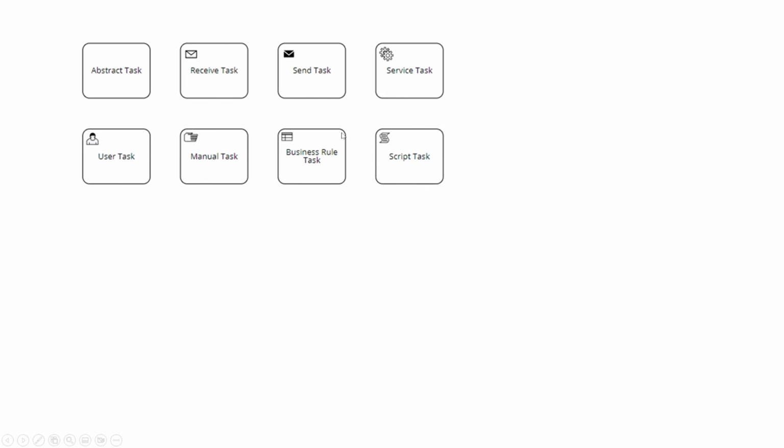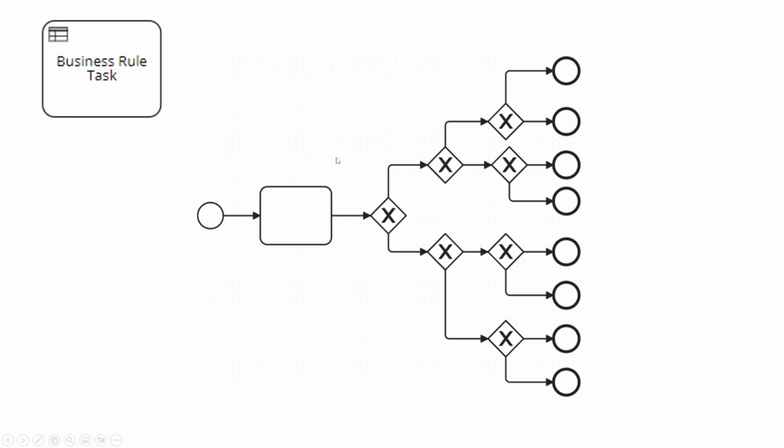Let me give you a quick example of what a business rule task does. Here you can see, for example, a BPMN diagram which has a lot of XORs, a lot of decisions. And as you can imagine, this logic really blows up the diagram and makes it less readable. Instead of using this, you can also just use the business rule task, which has these rules in it. You capture some information, let's say the color of an object, the size of an object, and how old it is.